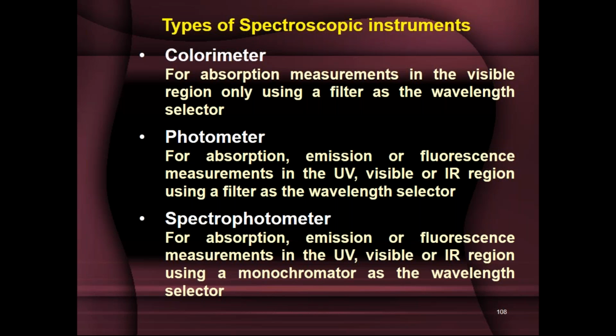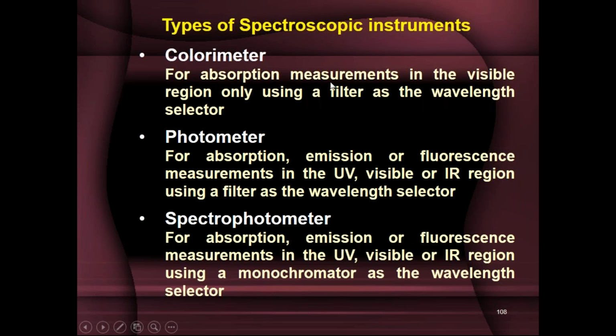What's a spectrophotometer? It could be used for absorption measurements, emission, or fluorescence measurements in the UV, visible, or IR region using a monochromator as the wavelength selector. So now the difference is in the wavelength selector. Instead of a filter, a monochromator is used. So if you see now the difference between a colorimeter and photometer, there are two differences.